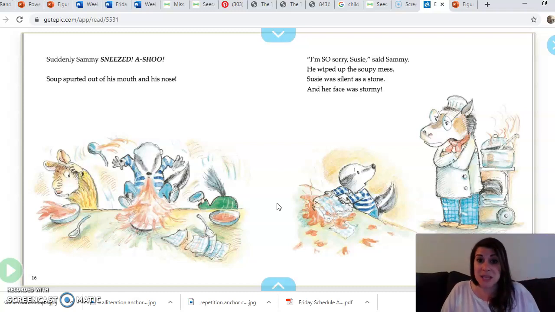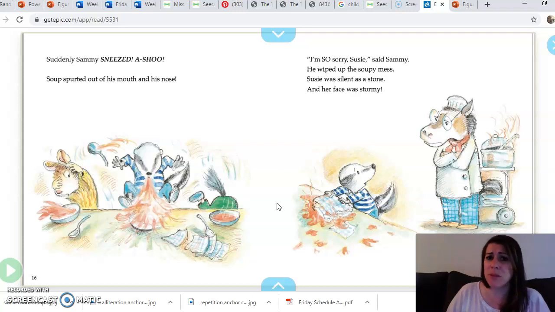And then when they say her face was stormy, they're comparing her face to a storm, right? That's a metaphor. So right here on one page, we have 2 examples of figurative language, and really 3, because we have a simile, a metaphor, and alliteration. The only thing we don't see here is repetition. Lines aren't repeating necessarily right here on this page.